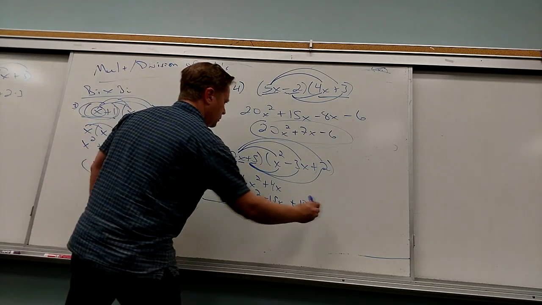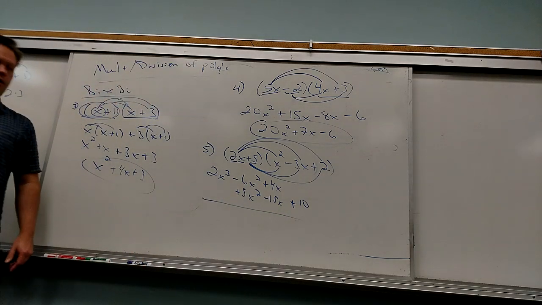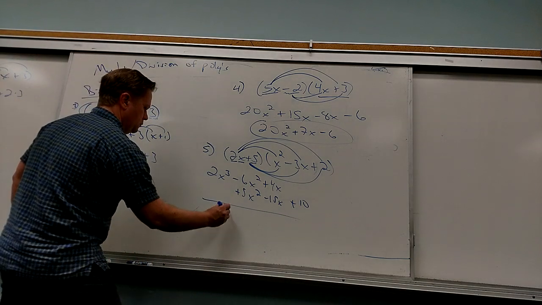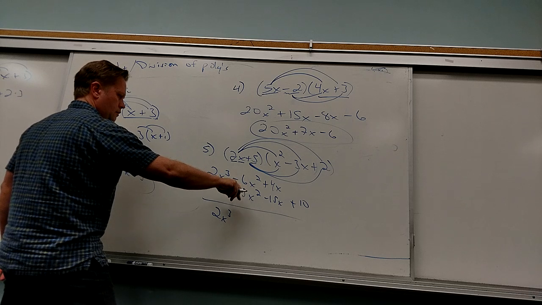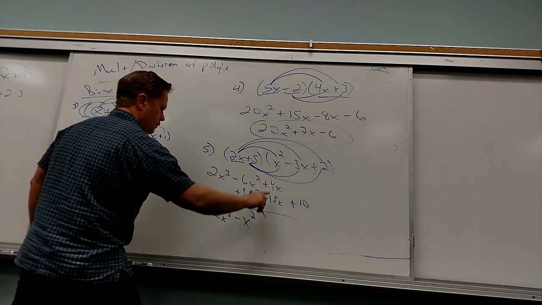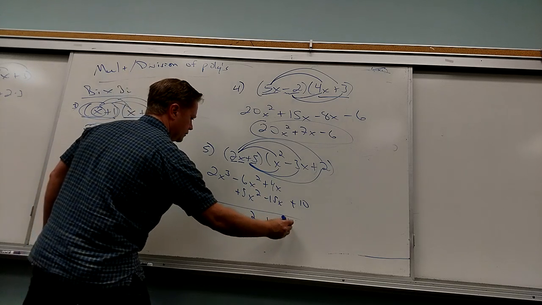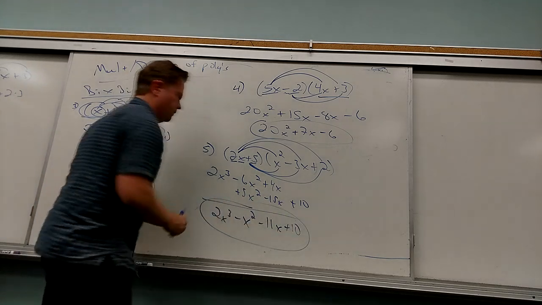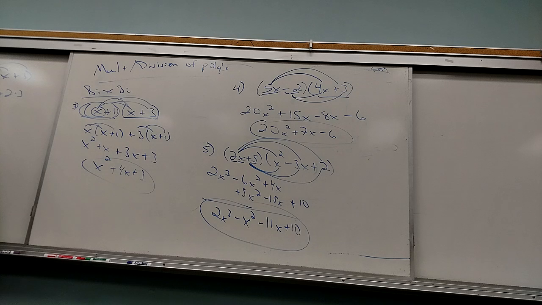Poor little 10 has nobody to go with. And then you just put your like terms together: 2x cubed, negative x squared, negative 11x, plus 10. Wow. I like it.